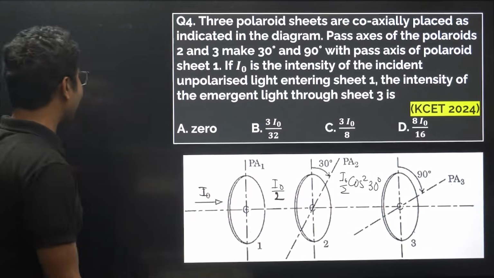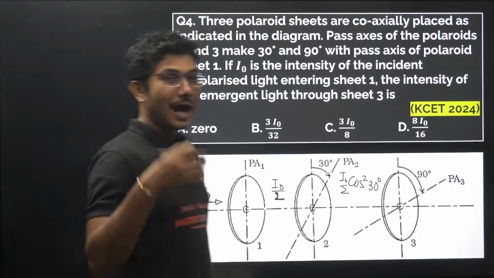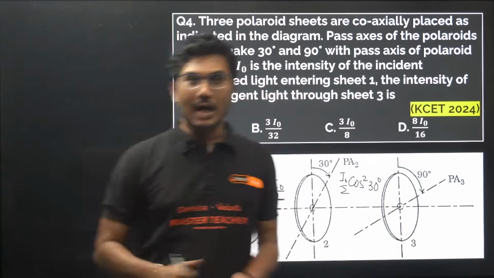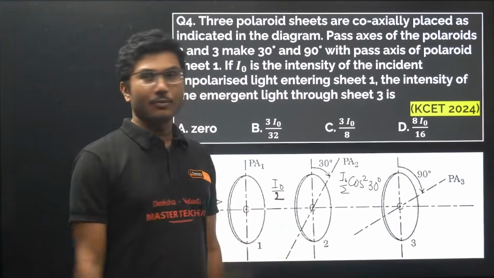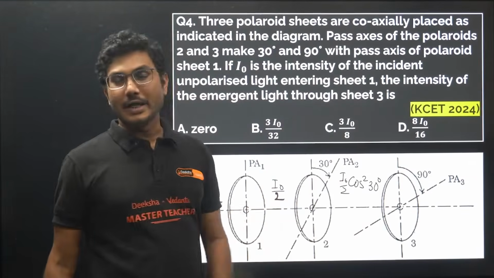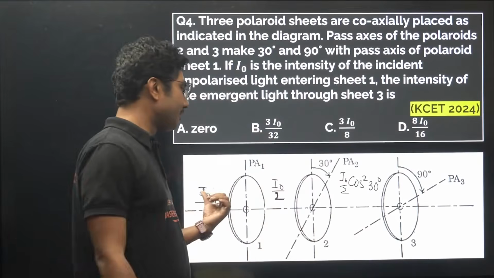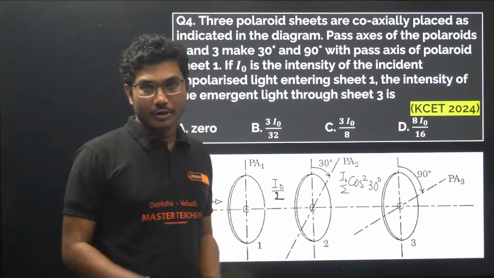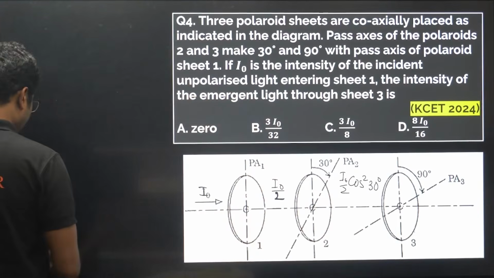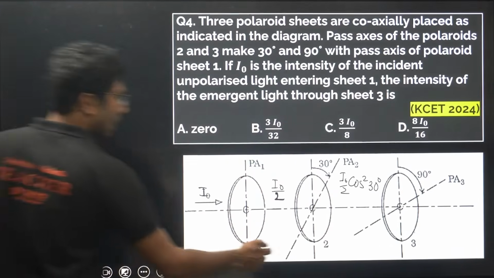If you remember, Malus law states that it is I into cos square theta, where I is the intensity of light entering the Polaroid and theta is the angle between the previous Polaroid and this Polaroid. So from there we can calculate the intensity which is coming out.